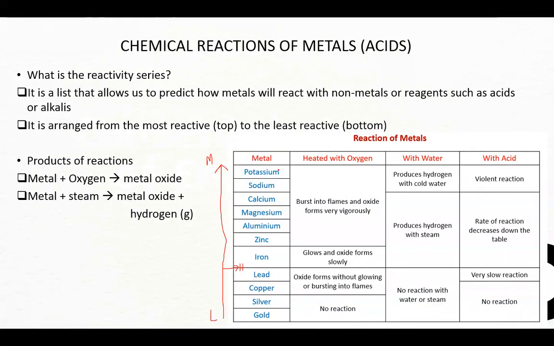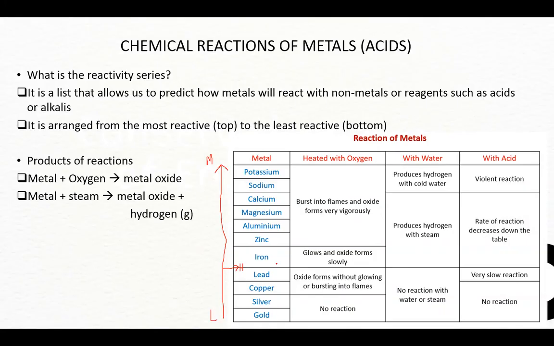So, potassium, sodium, calcium, magnesium, aluminum, and zinc, when heated with oxygen, react very violently by bursting into flames, and the oxide forms very vigorously. So that would be the metal oxide. We'd get, for example, potassium oxide, sodium oxide, calcium oxide, magnesium oxide, etc.